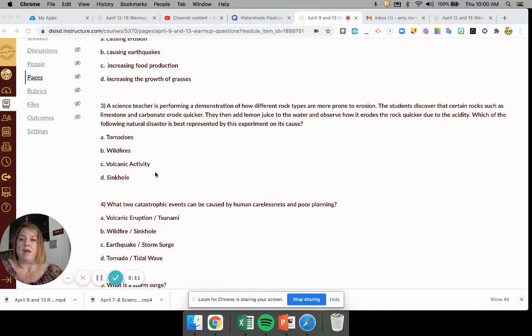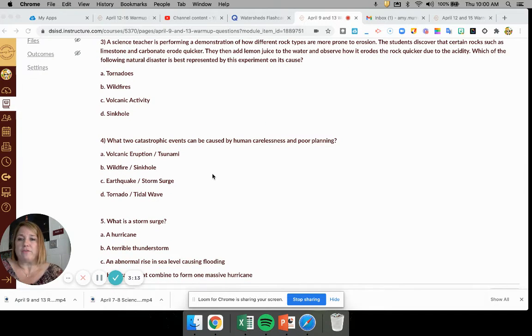Number four, what two catastrophic events can be caused by human carelessness and poor planning? We can't do much about volcanic eruptions. We can't do much about earthquakes and tornadoes, but we can absolutely do things about wildfires and sinkholes. A lot of wildfires are caused by human activity, as are sinkholes.